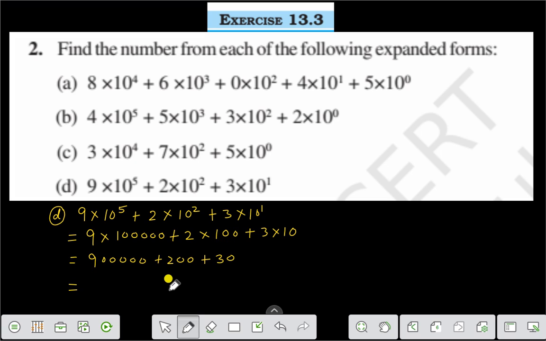If you add the numbers you will get unit place is 0, tens place is 3, 100 place is 2, 1000 place is 0, 10,000 place is 0, and the next is 9. Put the commas here, right? So 9,00,230. This is the answer of question number D.